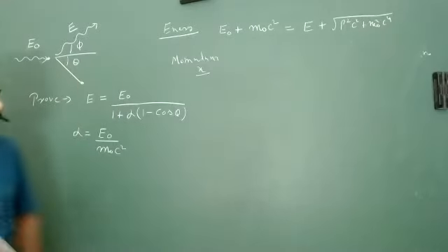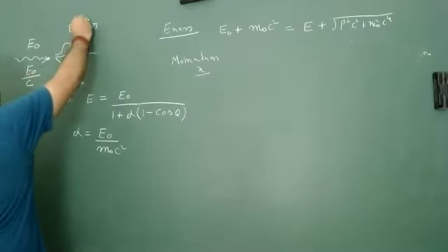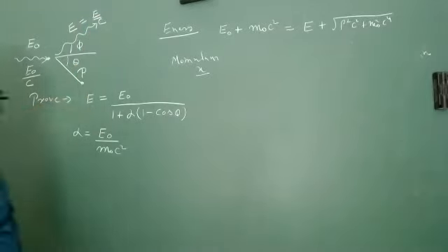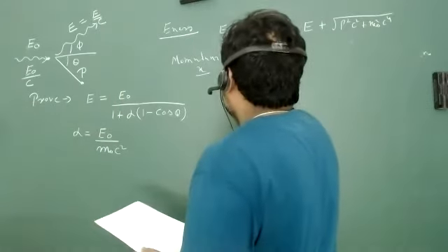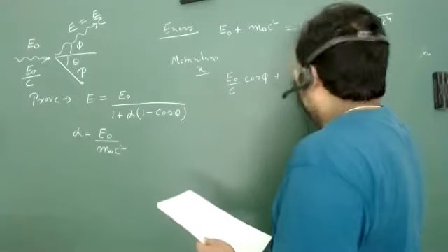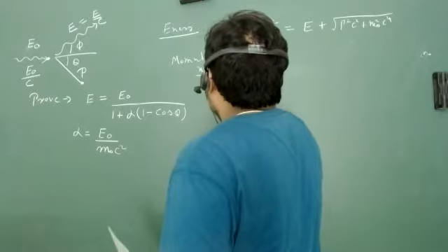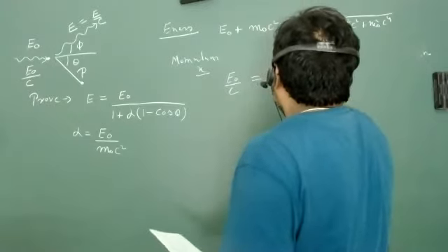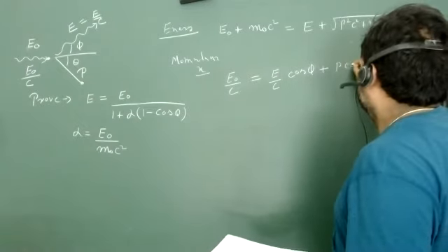That will be E naught by c, and the scattered photon's momentum is E by c, and let's say the electron's momentum is P. So the momentum conservation in the x direction gives E naught by c is equal to E by c cos phi plus P cos theta.